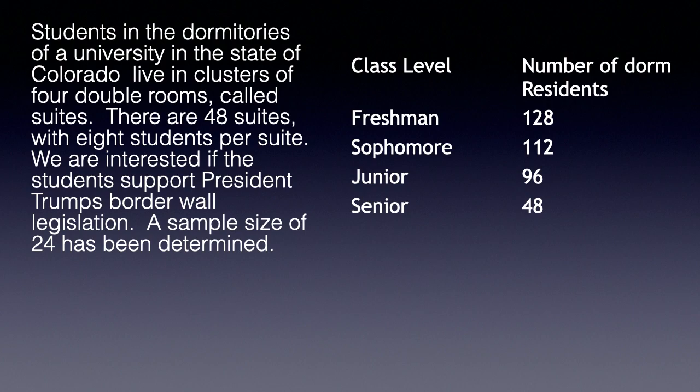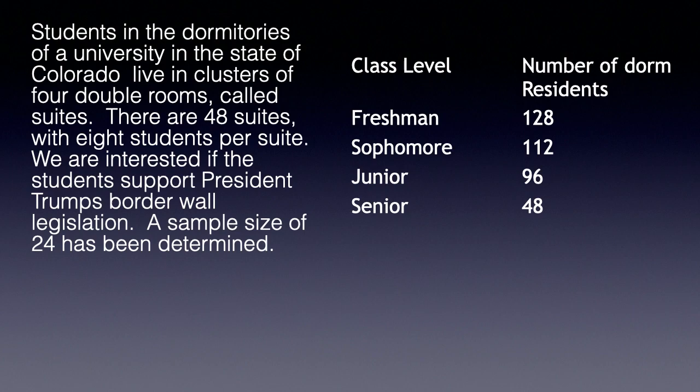Notice that in the dorms we have freshmen, sophomores, juniors, seniors, and there are 128 of the freshmen and 112 of the sophomores and so forth. So the idea is to implement the proportional allocation. We would want to sample more from the freshmen because in the population there are more freshmen than there are the others, and then work our way down.